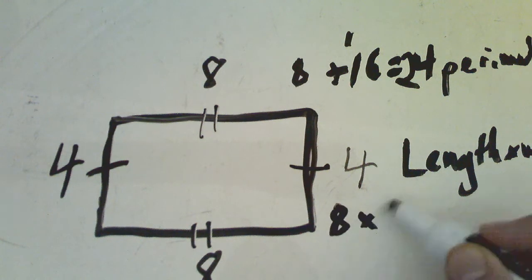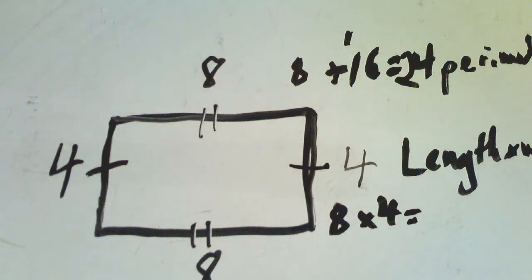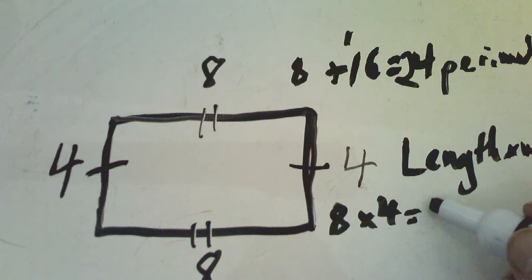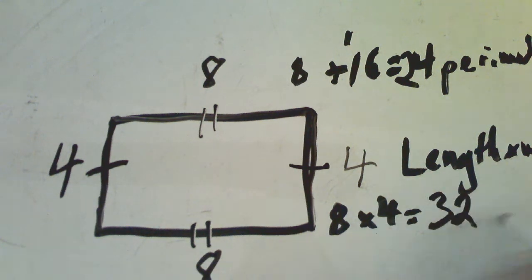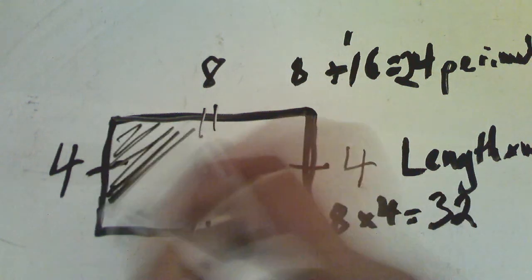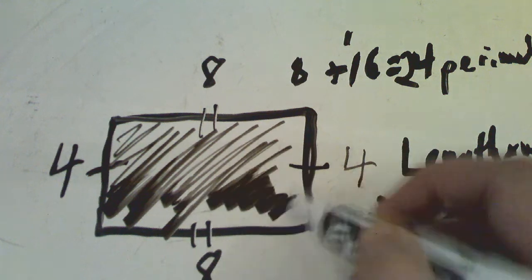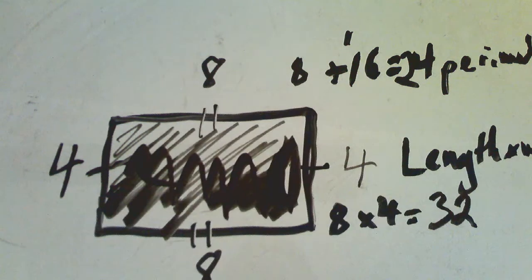And hopefully you'll remember that one. And it is, in fact, 32. So we know that the area, the whole space inside of this rectangle is 32.